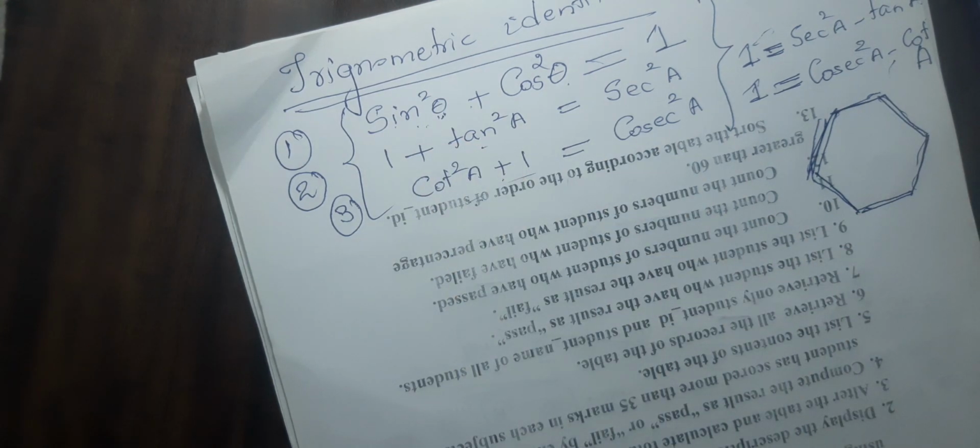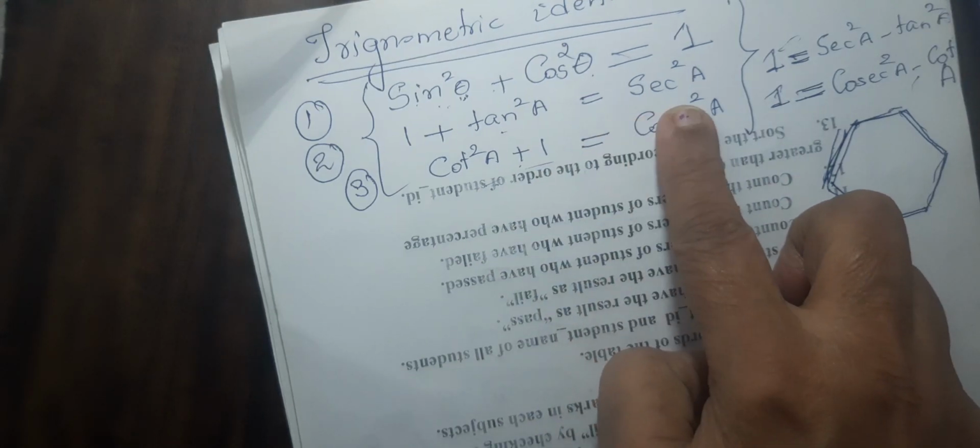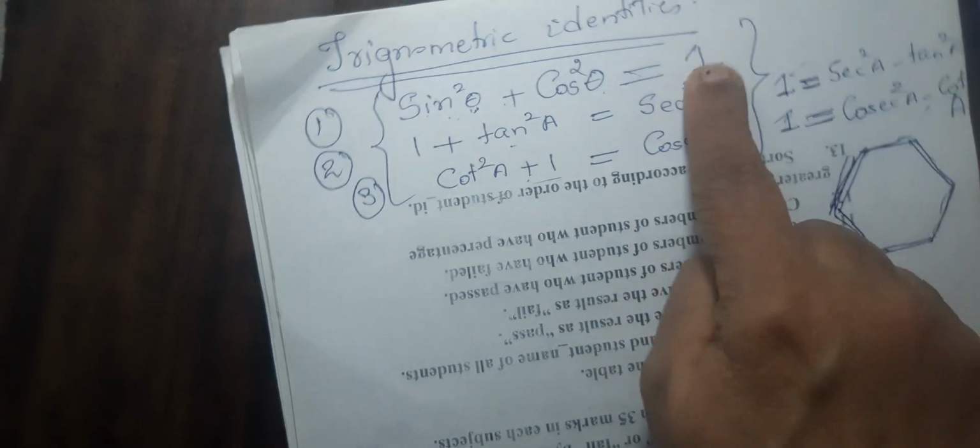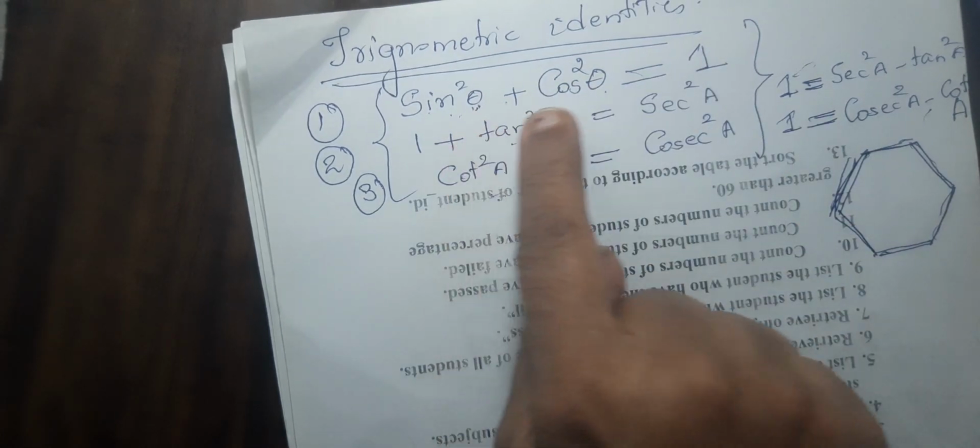So please learn those identities by heart. Sin squared theta plus cos squared theta is equal to 1. 1 plus tan squared A is equal to sec squared A, which can also be written as 1 is equal to sec squared A minus tan squared A. And for 1 we can write sin squared theta plus cos squared theta.